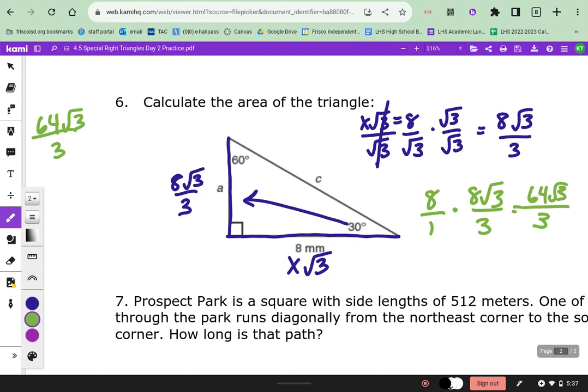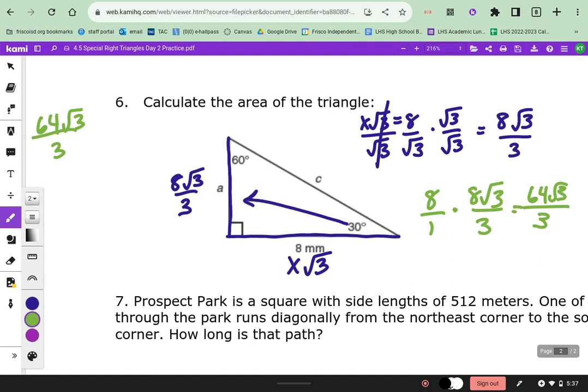So we can do, let's see, I'm thinking about what would be the best way to write this down. Well, yeah, I'll just do it that way.